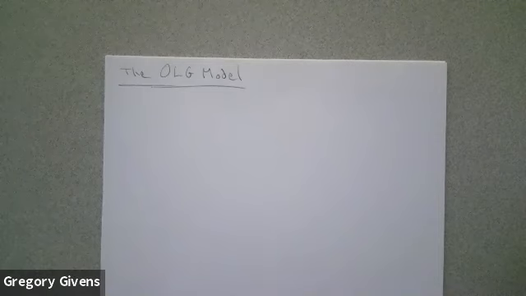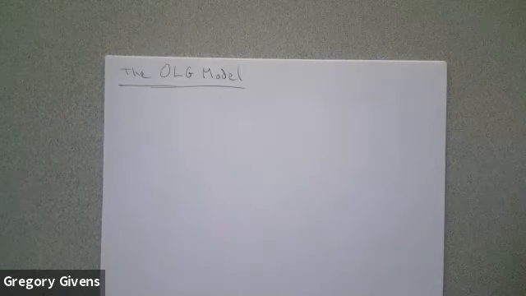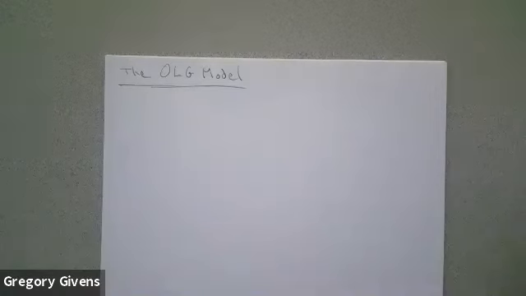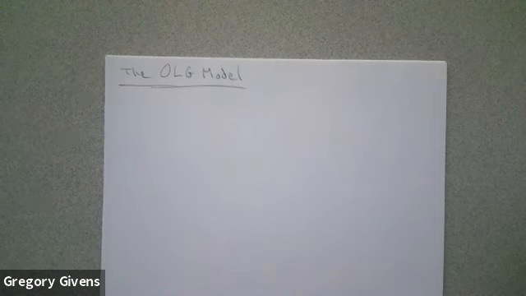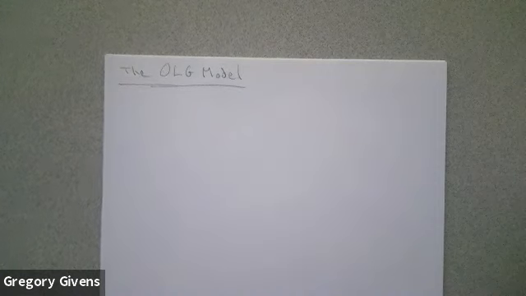And this whole inefficiency in the OLG model stems from this problem, or this externality, where decisions that are made in the present are going to affect the prices that unborn generations face in the future. It's what's called a pecuniary externality.